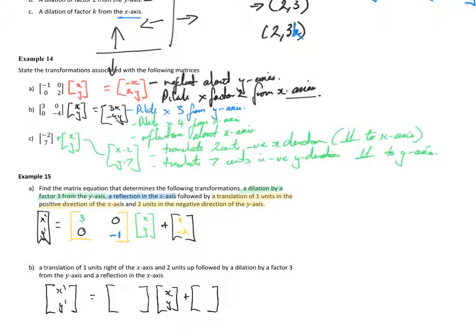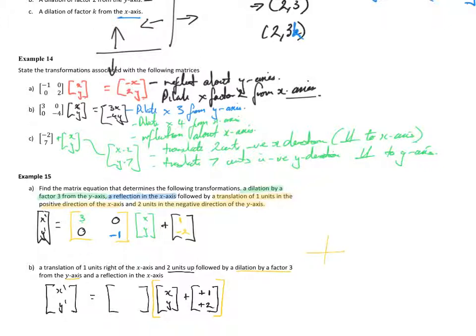So according to this, our translation is 1 unit to the right, so it's plus 1 on the x, and 2 units up, so that'll be plus 2 against the y. And then we have a dilation following that, so we have to apply the dilation to that whole thing. So now we put a bracket around that transformation.